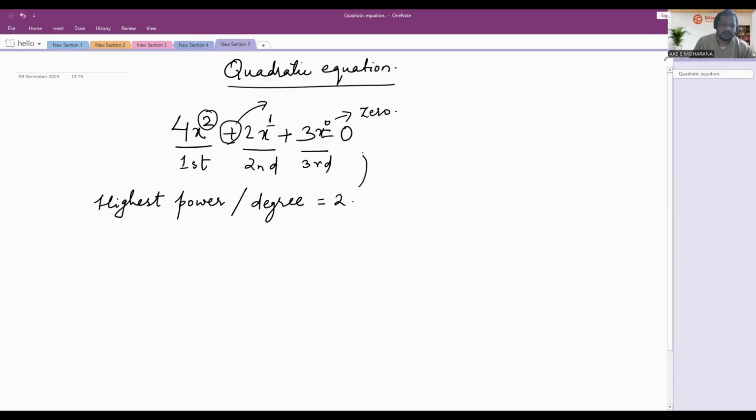So in this case, is it a quadratic equation? You can say that the highest power here is 2. So we can say yes, it is a quadratic equation. And one thing should be noted that any quadratic equation should always contain one single variable. If it has two variables, then it cannot be considered as a quadratic equation.